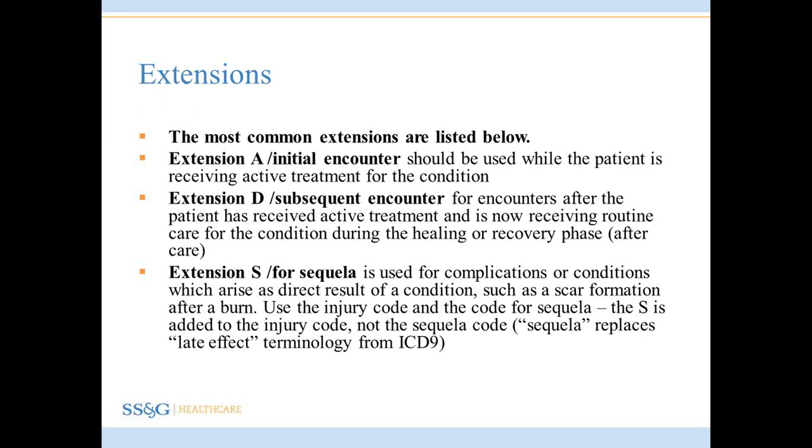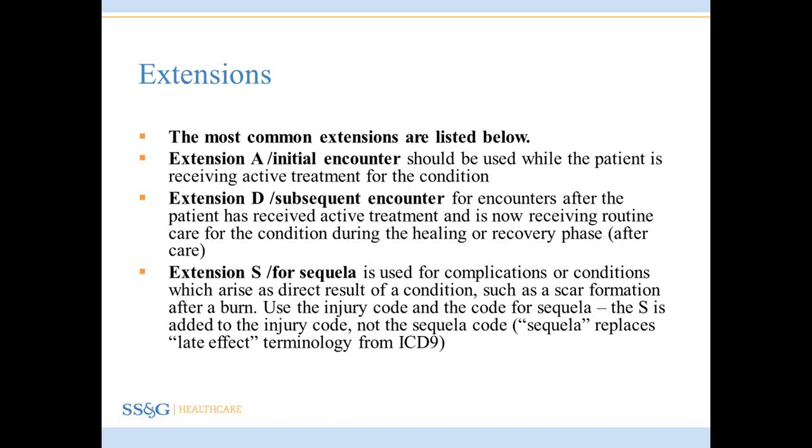You're going to find this a lot in the musculoskeletal section of ICD-10, which, by the way, is the largest section in ICD-10. The extension D is for subsequent encounter, for encounters after the patient has received active treatment and is now receiving routine care for the condition during the healing or recovery phase. The extension S is for sequela.